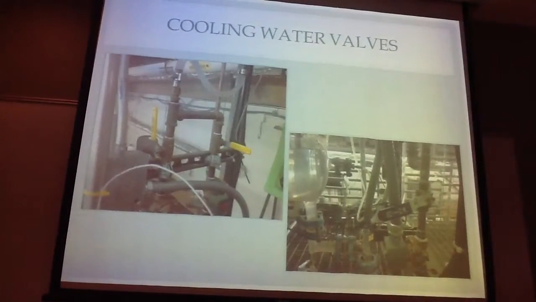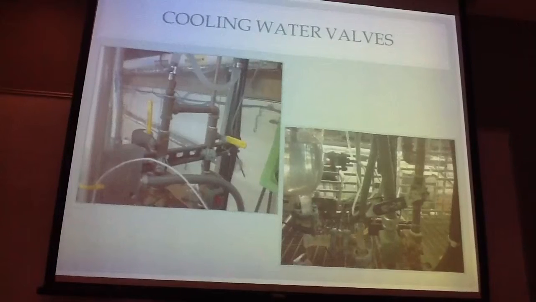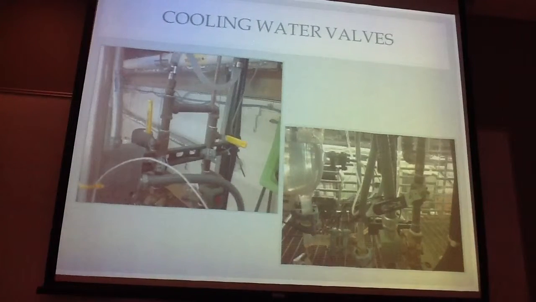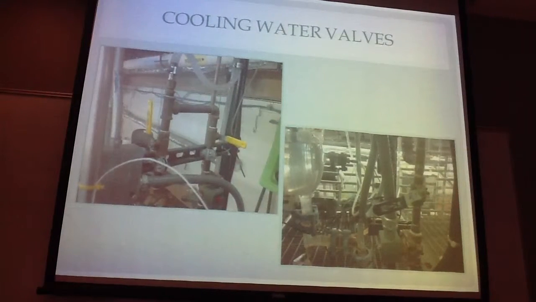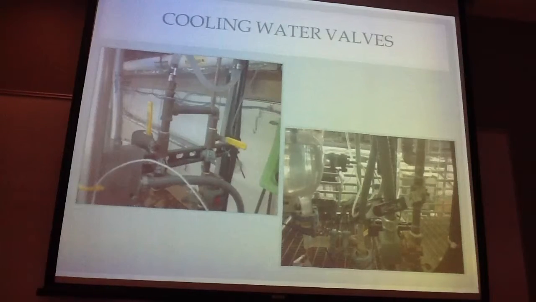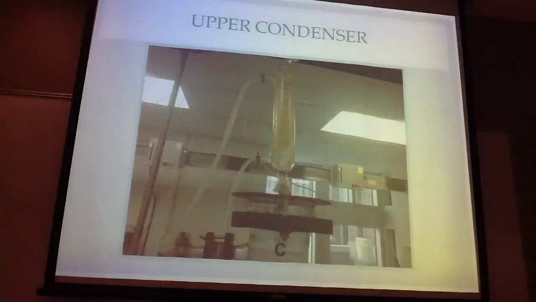And these are, trace the cooling water. These are the valves in the cooling water system. I wasn't exactly sure why this one over here was off, so I decided to turn it on, and then it dumped water on my head from this part, which is above the main.